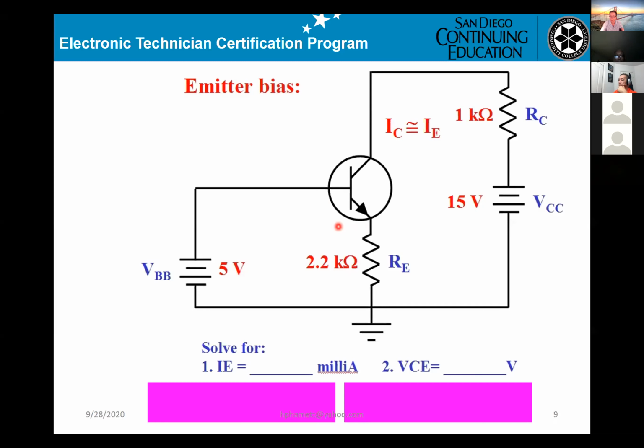Exactly, 0.7. So if you want to write the loop, you go here. They hit the negative, so it will be -5. Then they go here, they hit the plus 0.7. Then now you have to add the voltage drop here, that means IE times RE.